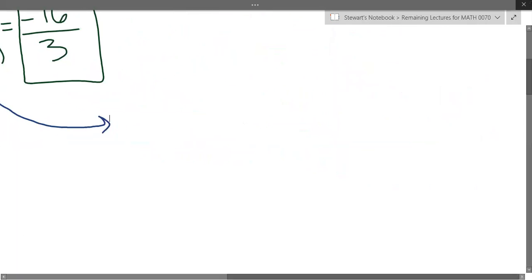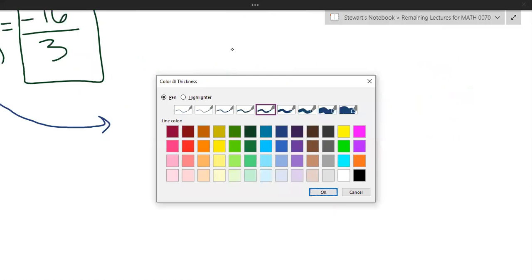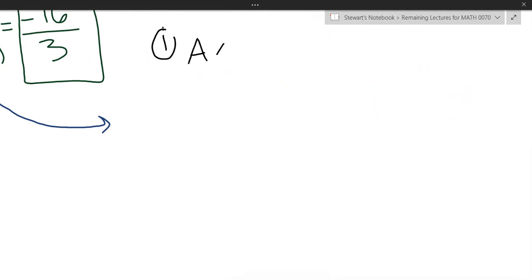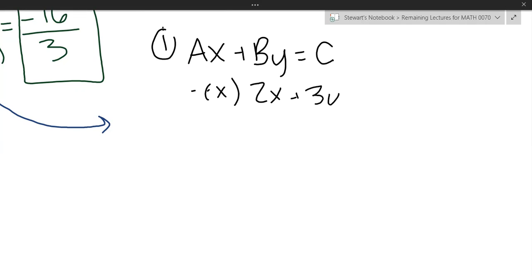So there are a few different forms of linear equations you can see. The first one, which you've seen in the last video, is ax plus by is equal to c. For example, 2x plus 3y equals 10.